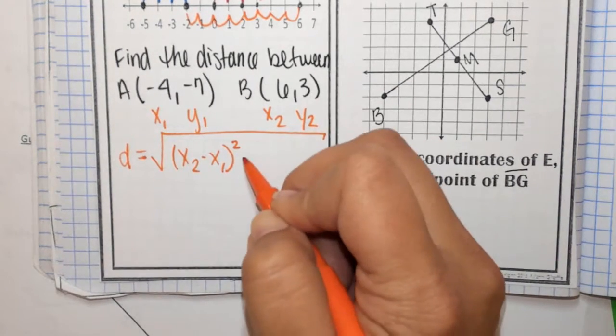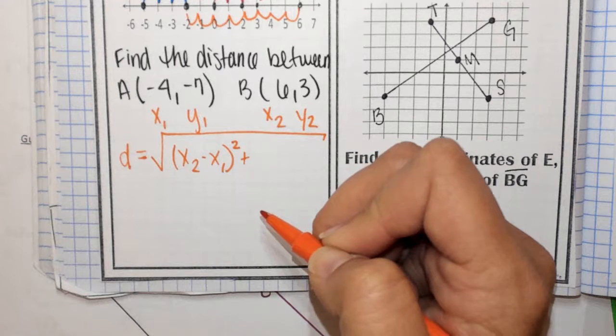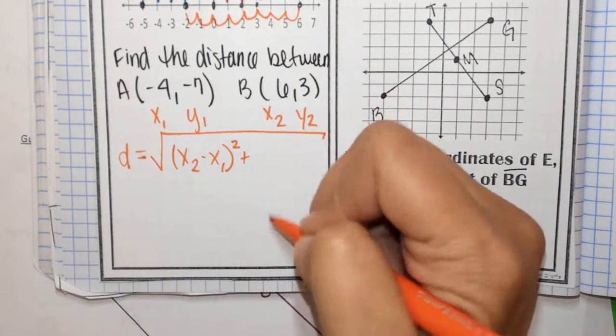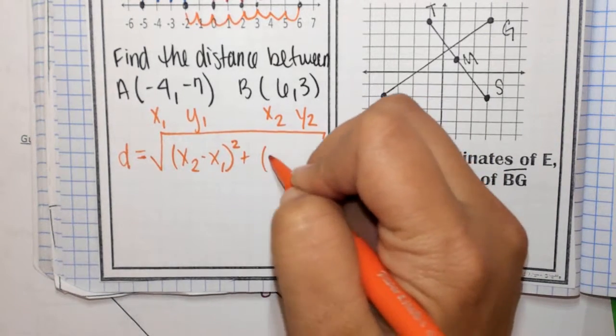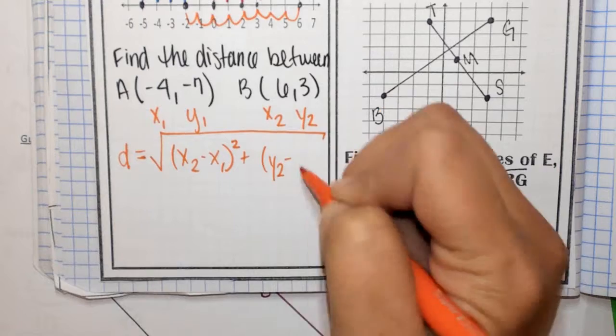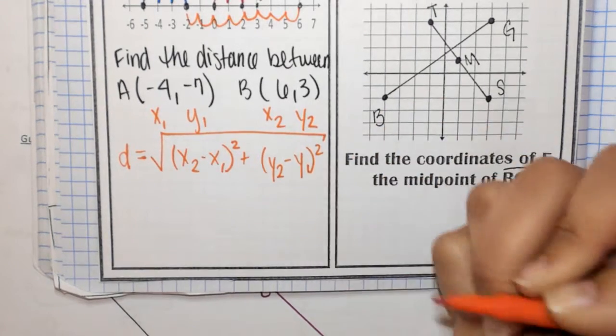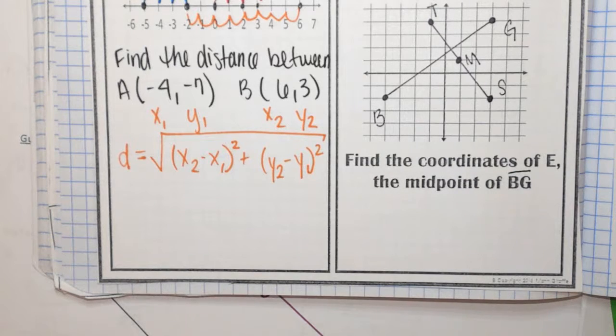Quantity means the whole thing squared. Plus y2 minus y1, quantity squared. Look at you go. Take a point for your team.